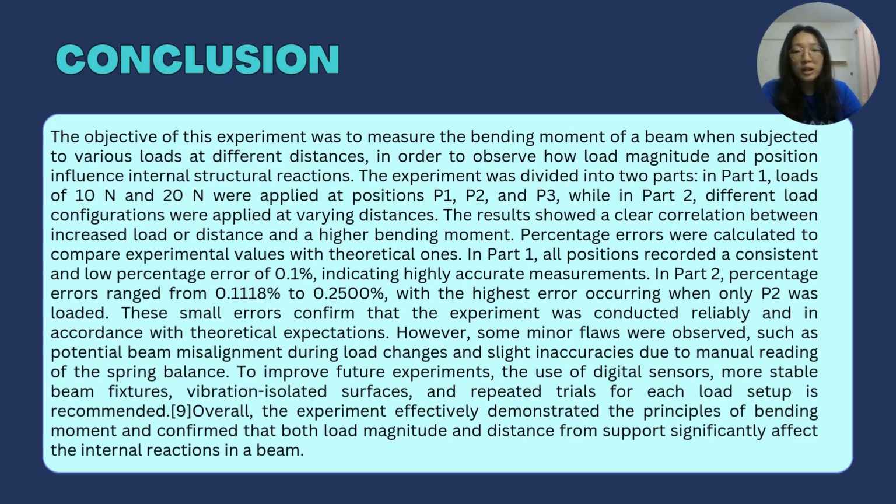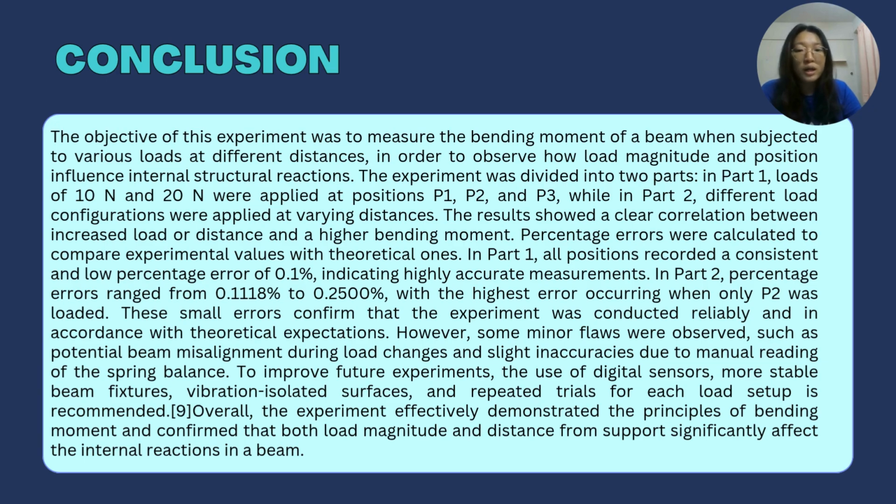The results show a clear correlation between increased load or distance and a higher bending moment. The percentage errors were calculated to compare the experimental values with theoretical ones. In Part 1, all positions recorded a consistent and low percentage error of 0.1%, indicating highly accurate measurement.